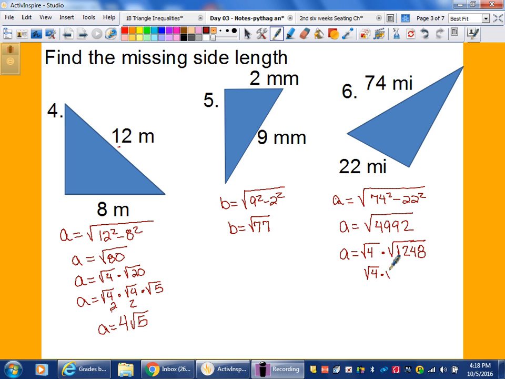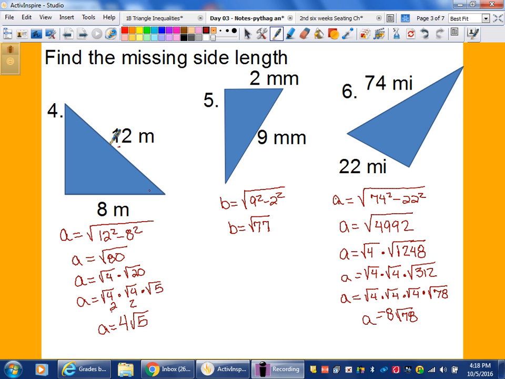So take out another 4. That becomes 312. Okay. But wait a minute. Uh-oh. It again is divisible by 4. So here we go. And then you're left with 78. Okay. So these are all 2. So 2 times 2 times 2 is 8. Square root of 78.